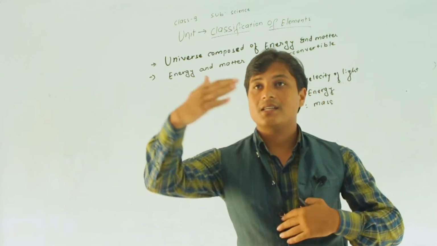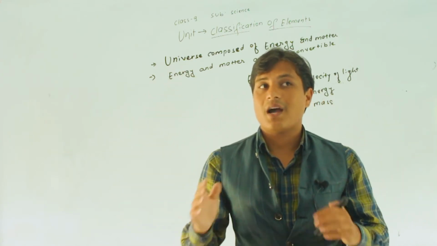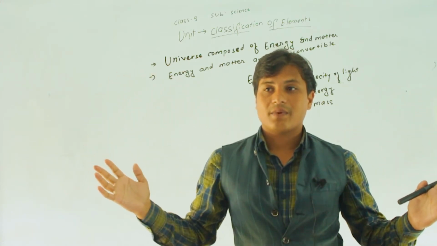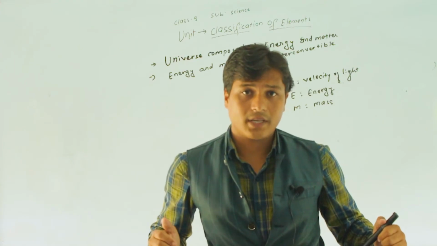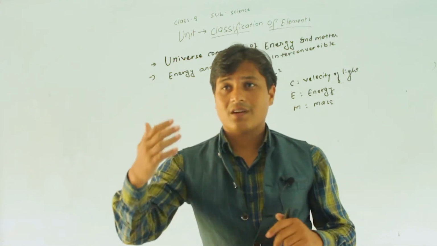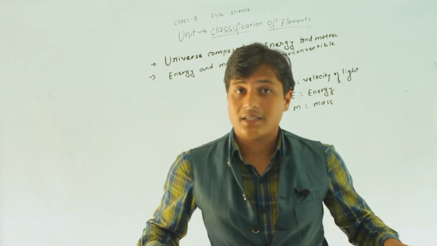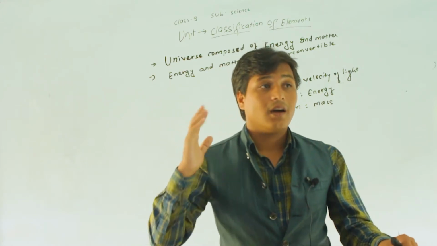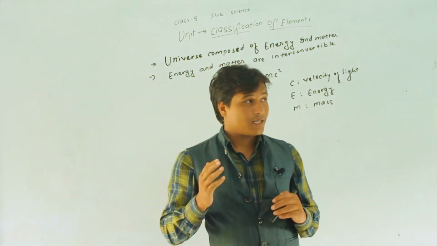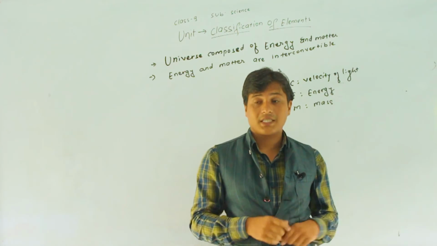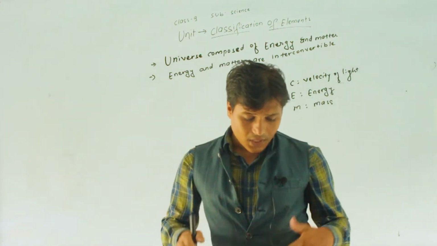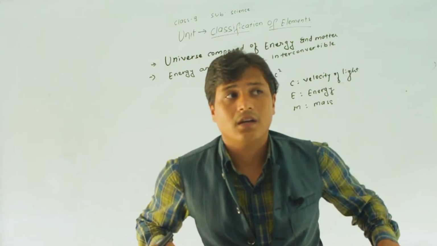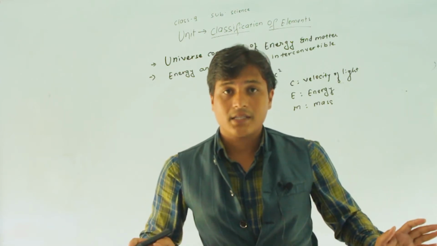Here, energy changes into mass: mass is expanded, mass is contracted. When we see a large object from a distance, it looks small. It will be discussed in your higher grades.